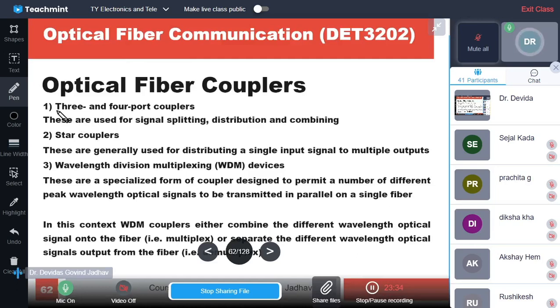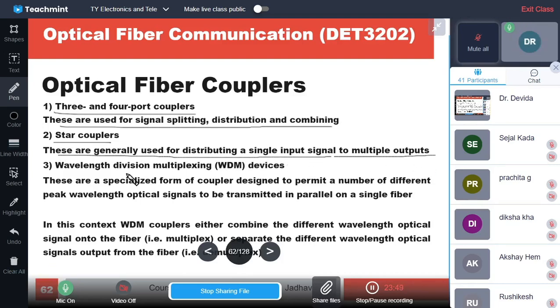So 3 and 4 port couplers are used in signal splitting, distribution and combining. Star couplers are generally used for distributing a single input signal to multiple outputs.